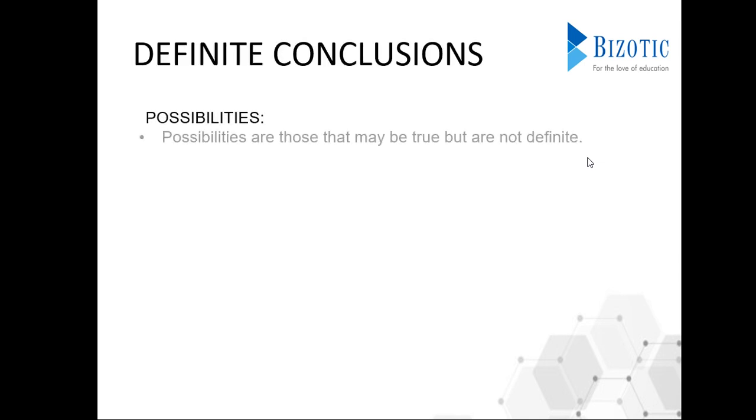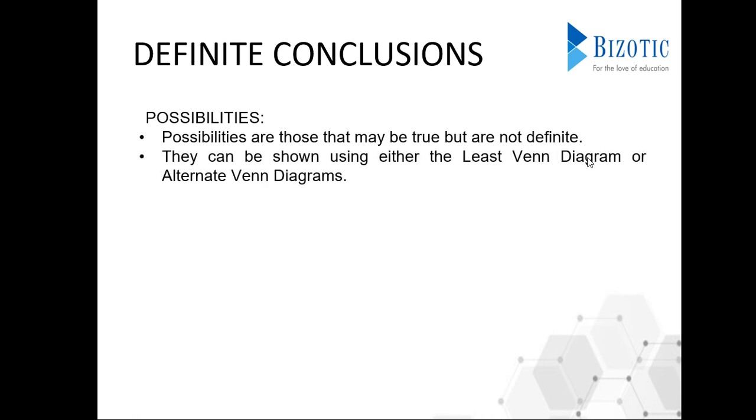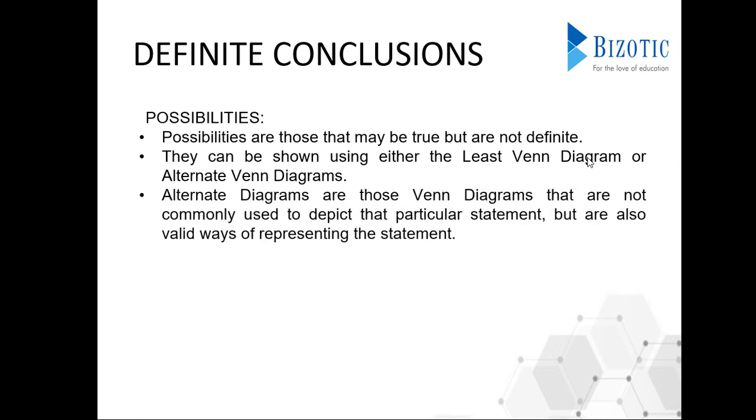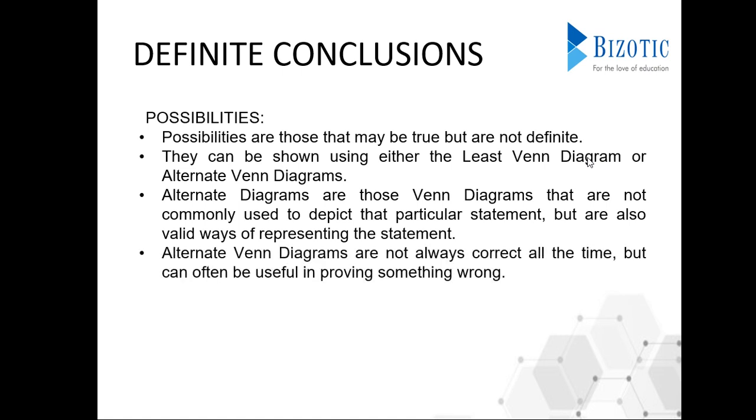Now some of the possibilities. Possibilities are those that may be true but are not definite. So, as the name indicates, it may be true but not definite. They can be shown using the least Venn diagram or alternate Venn diagrams. Alternate diagrams are those Venn diagrams that are not commonly used to depict a particular statement, but are also valid ways of representing the statement.